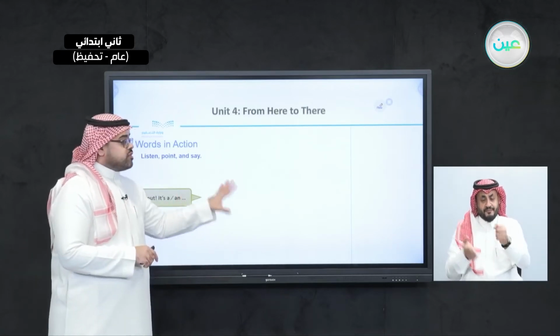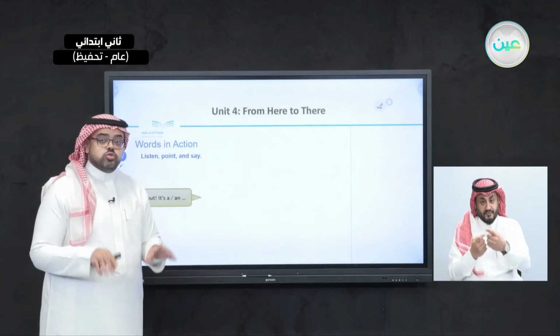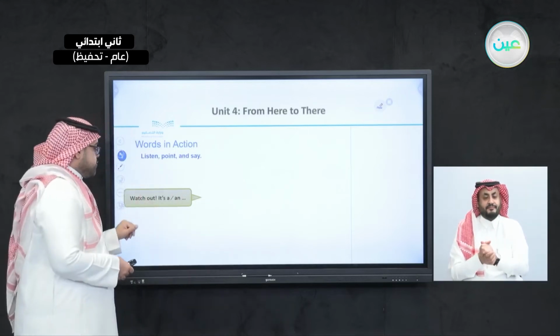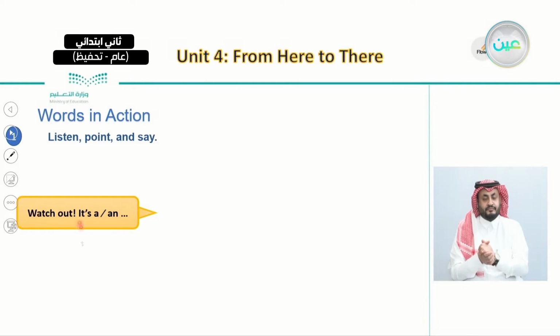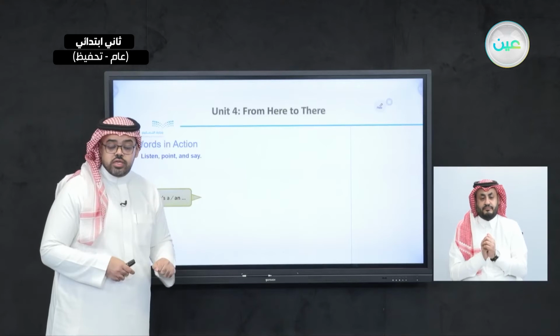Whenever we see one, all we have to do is say this phrase, watch out, it's, and we use a if it starts with certain letters, and we use an if it starts with one of 5 letters.